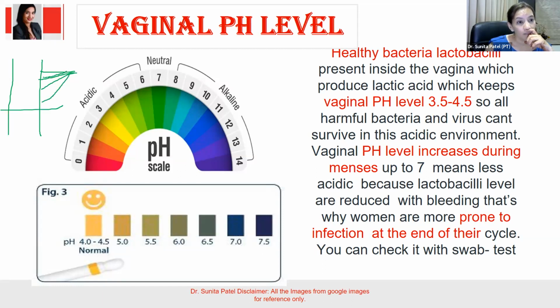These capillaries and blood supply make the mucosa of the vagina more active. We don't have glands inside the vagina. No glands are present, so the secretion is not coming from glands. The secretion is coming from the vaginal mucosal structure itself.